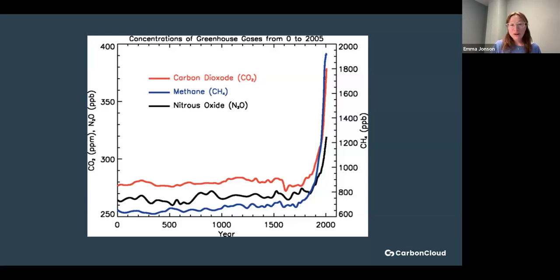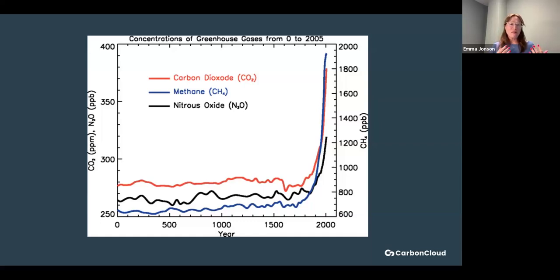First of all, we have carbon dioxide, which bears the main responsibility for the global warming that we have already seen, and that is yet to happen. But we also have methane and nitrous oxide. Carbon dioxide originates mostly from the combustion of fossil fuels, but also from land use change, for example, when forest is converted to cropland, and some other sources.